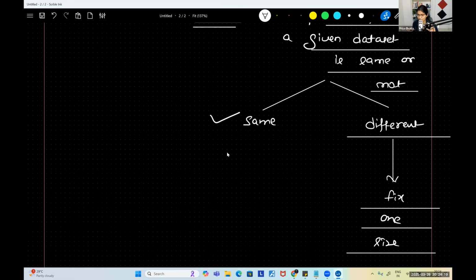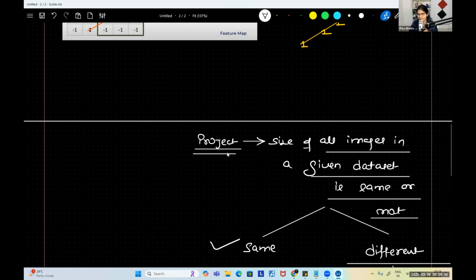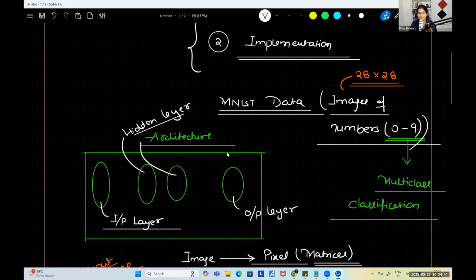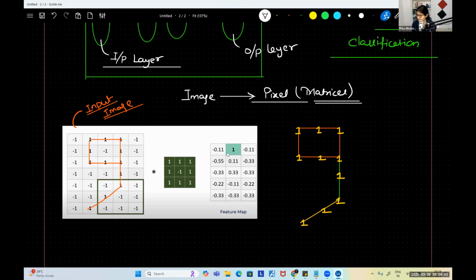You will take one standard size, right? And before feeding your image into a model, you always have to make sure all the images belong to the same size. You will have to do a standardization on top of that. But in our case today, the data is already of the same size, so that is not an issue for us, right?